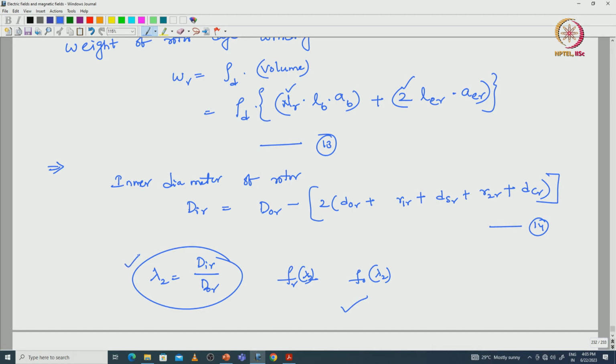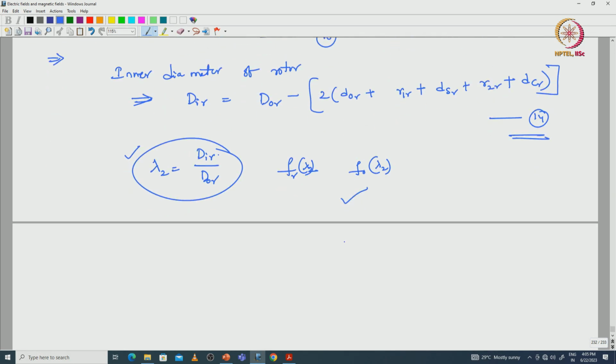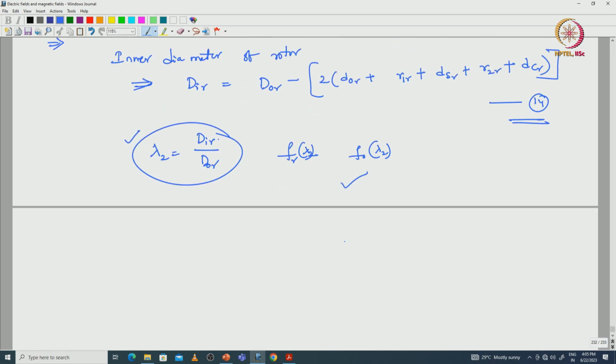Once we know lambda 2, we can find the DIR value; otherwise we follow equation number 14. If we follow the sizing equations, we utilize the copper function and the output function with respect to the rotor geometry, take the associated lambda value, and calculate the inner diameter of the rotor.